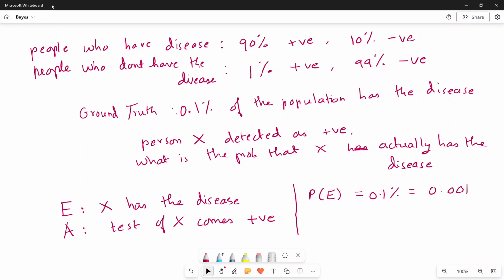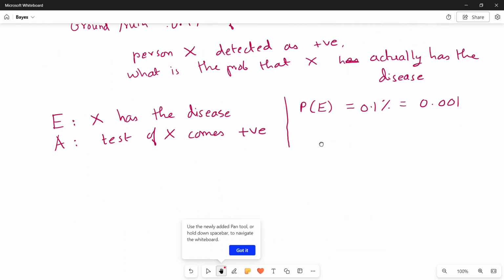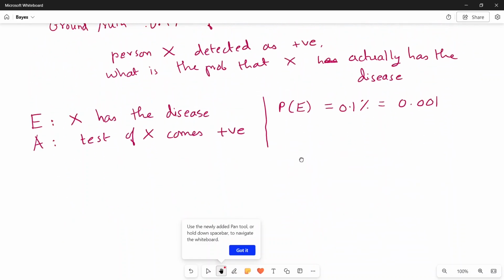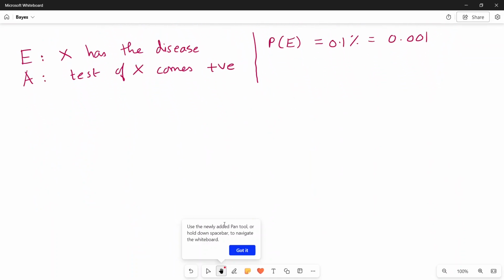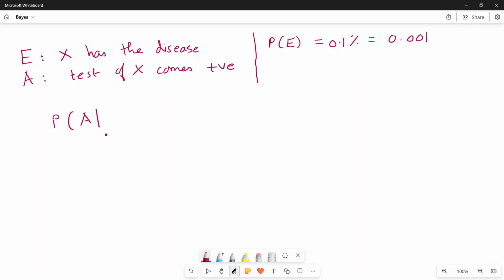Let's keep solving this. The probability that the test of the person comes out as positive given the person actually has the disease is 90%.